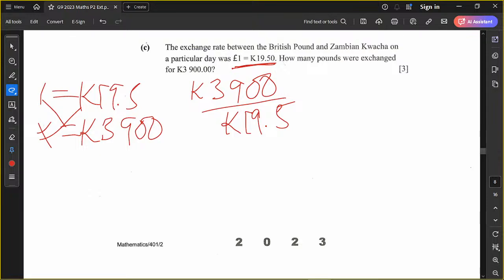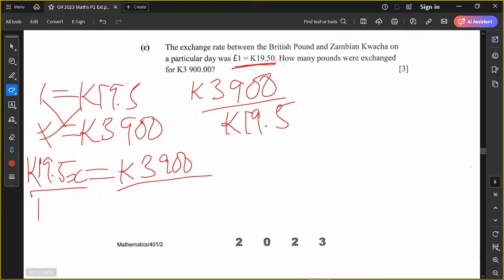Then you come up with something like 19 kwacha 0.5 x is equal to 3,900. Then we remain with x on one side of the equal sign, which means we divide both sides by 19 kwacha 50 ngwe.